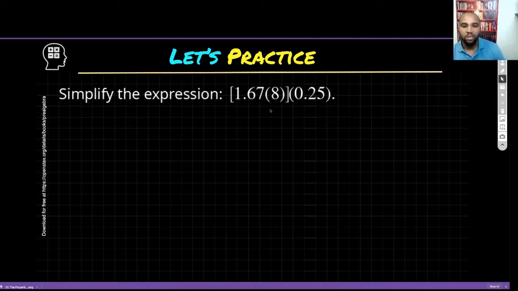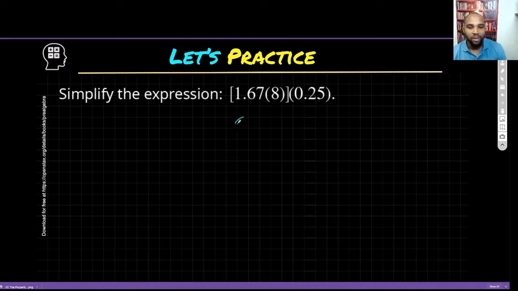All right, what about this expression here? So we're thinking of doing 1.67 times 8 first and then doing 0.25. But I know this is going to be probably a funky looking decimal with this 0.67 times 8.